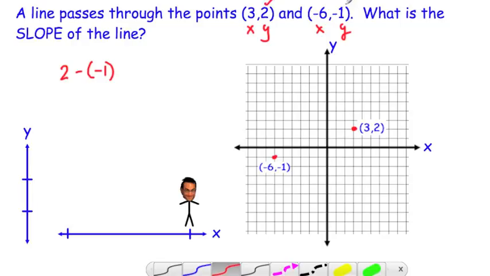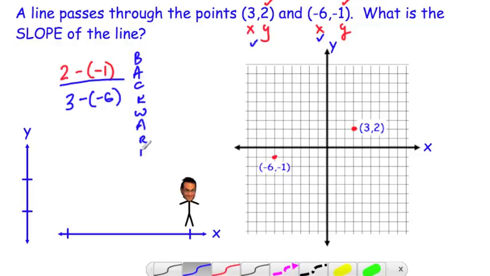So that was this y minus that y. And then I wrote 3 minus negative 6. So that was this x minus that x. This time I'm just going to do it backwards. Okay, so I'm going to do this y first. Negative 1 minus this y, 2. And then I'm going to do this x, negative 6 minus this x, 3.